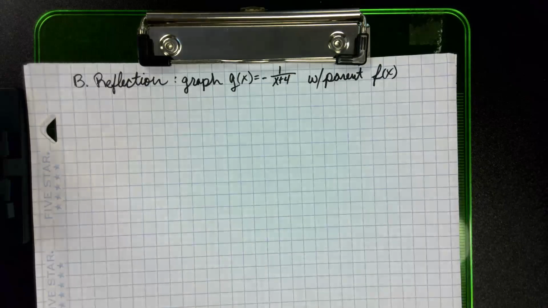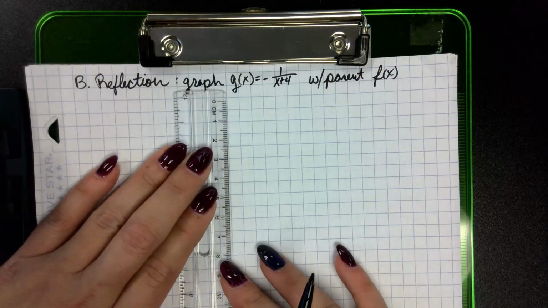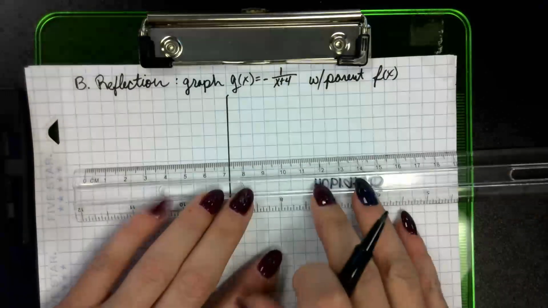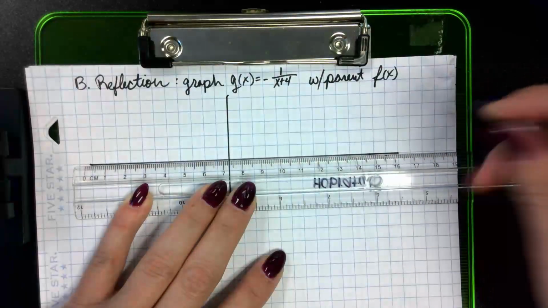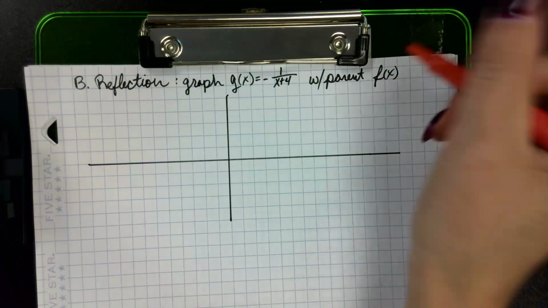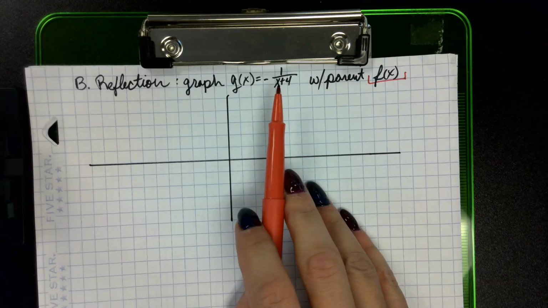So same thing, I need to set up my xy coordinate. And then I'm going to graph the parent function, f of x. So this is a reciprocal, 1 over x.